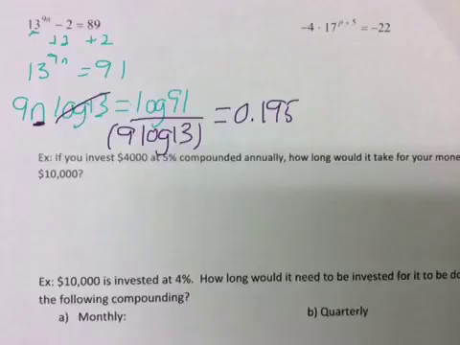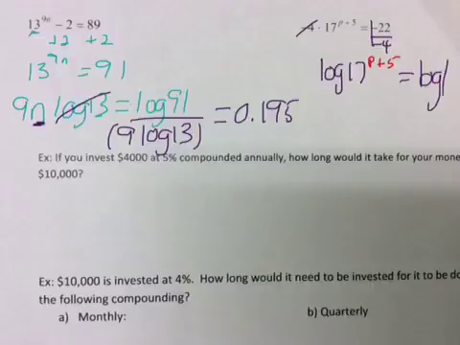So in this next one, you can divide both sides by -4. And of course, the negatives will cancel out. So, and I'm going to take a log of both sides. So log 17 to the power of p plus 5 equals log of 22 over 4.